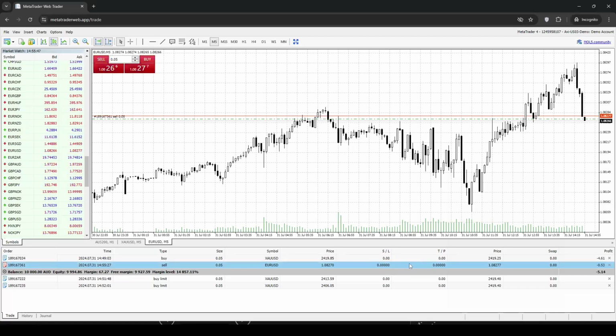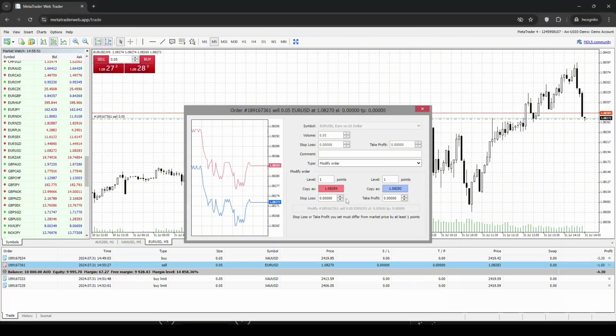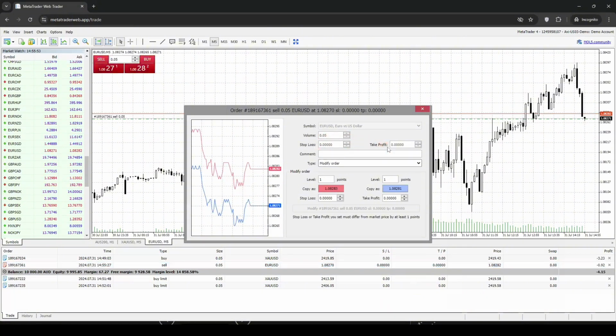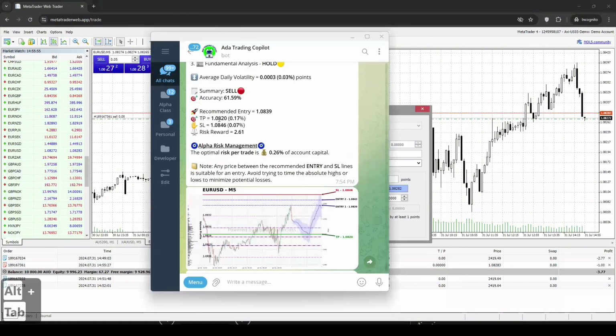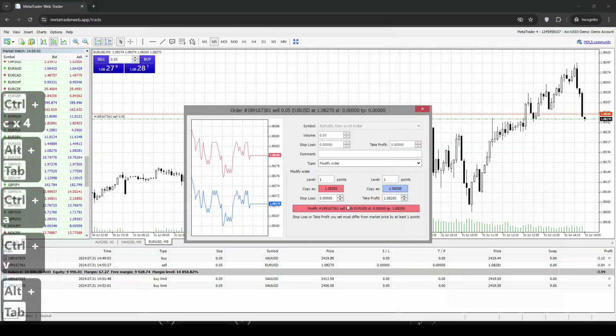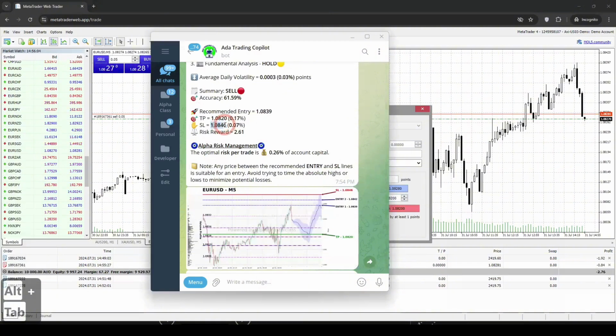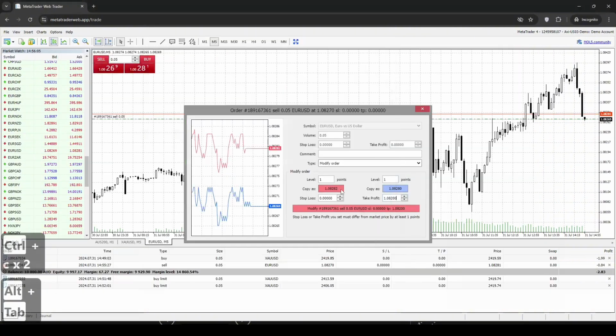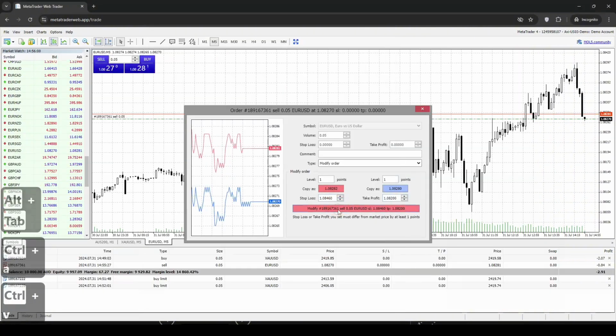Just right click, modify. Then you can modify the take profit and the stop loss, which you can just copy and paste the numbers into. Copy, put it in. Copy, and then put this in, and modify.